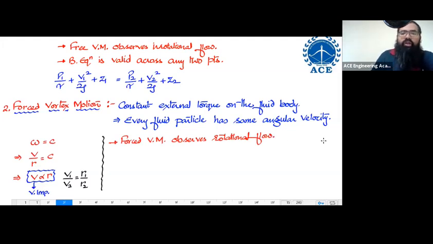Over here you are going to have rotational flow. Now recall, in the case of rotational flow, Bernoulli equation is valid only across 2 points lying on the same streamline. So imagine point 1 and point 2 are on the same streamline, then you can write Bernoulli equation for that. But in general, if you write Bernoulli equation, that becomes invalid.